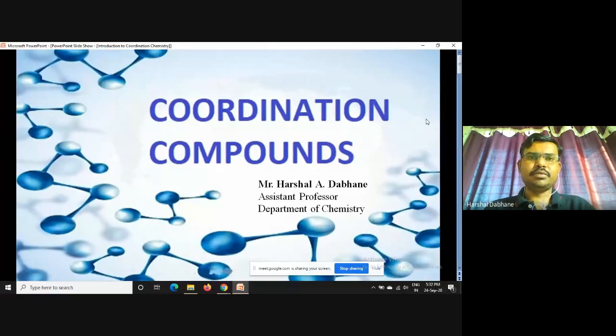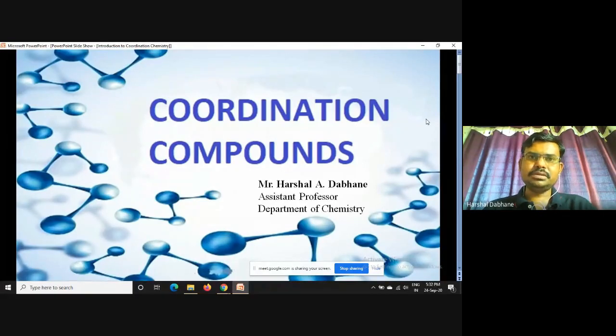So we try to understand what we mean by the coordinate bond. A coordinate bond is, for example, the bond formation between NH3 and the HCl molecule. When we react ammonia with HCl, it's an acid-base reaction.